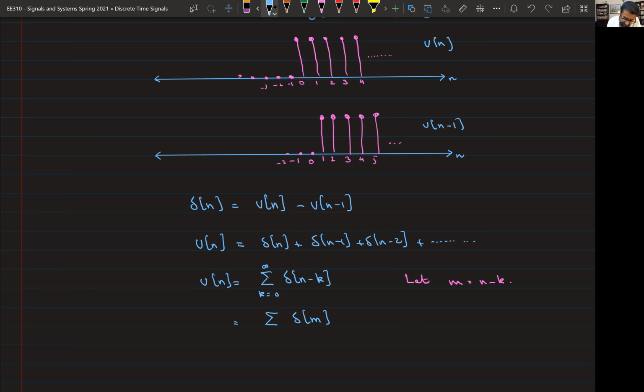I'm skipping some steps here. So this is m equals minus infinity all the way up to n. I just make a change of variables and see what happens to m when k equals 0 and when k equals infinity.